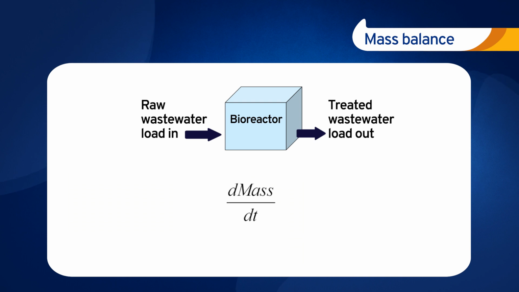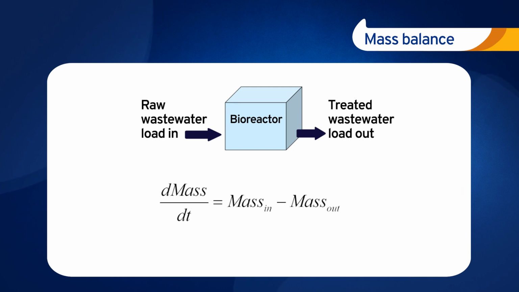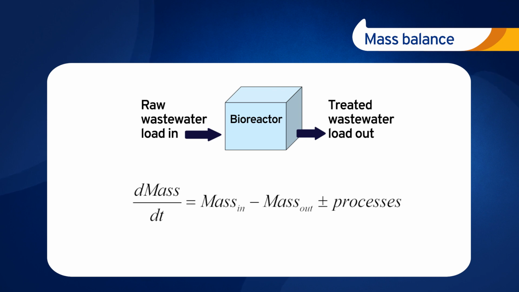Thus, overall, we can say that the change in mass over time is equal to the mass entering the reactor minus the mass leaving the reactor, plus or minus the changes in that mass that occur in the bioreactor.